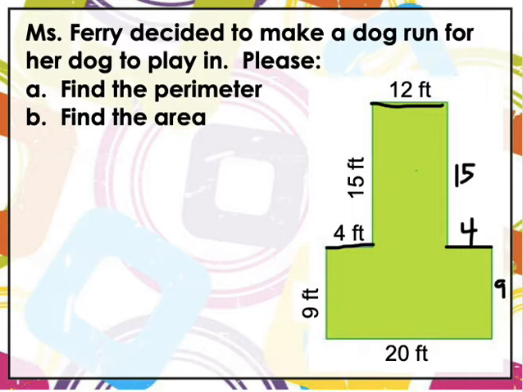And 79 plus 9 is 88. So I know that my perimeter of my dog run is 88 feet.